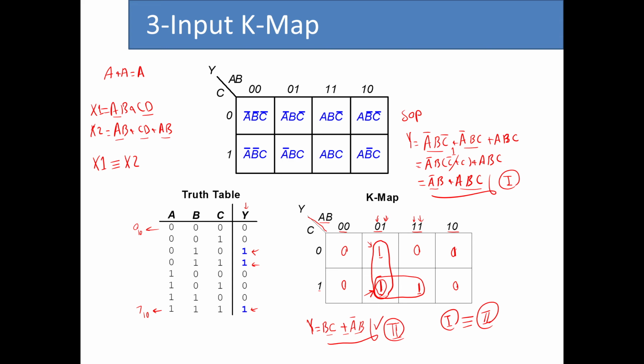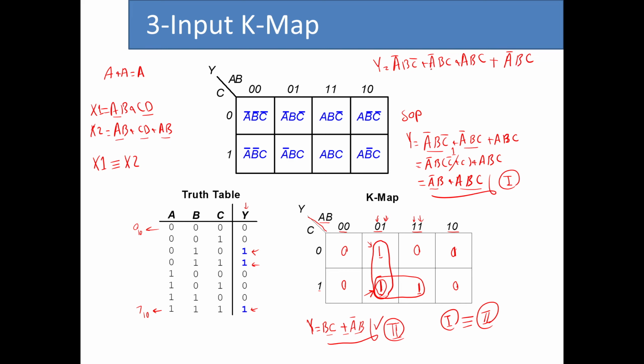So now let's try to apply it to the sum of product form that we have here. I rewrite this again. We have A bar B C bar plus A bar B C plus ABC. What happens if I add one more A bar B C?